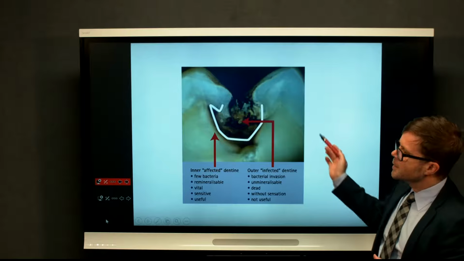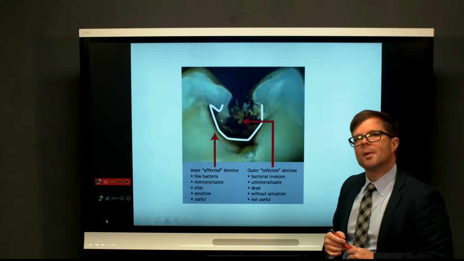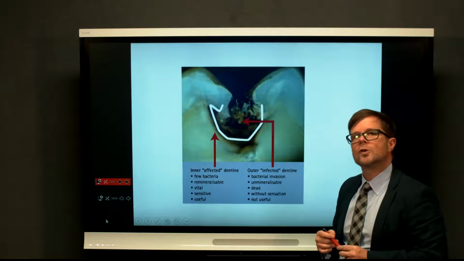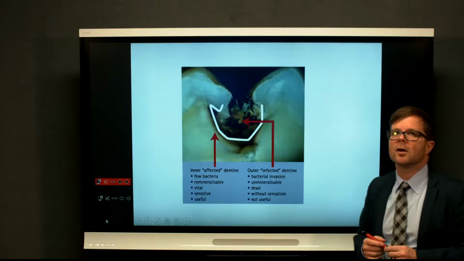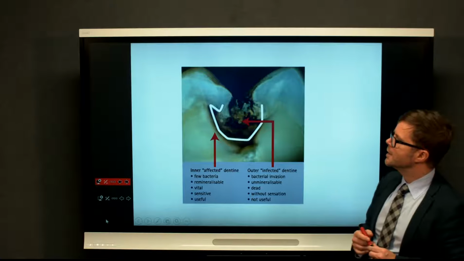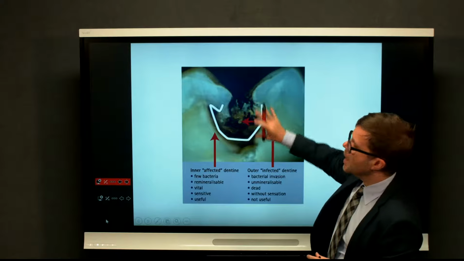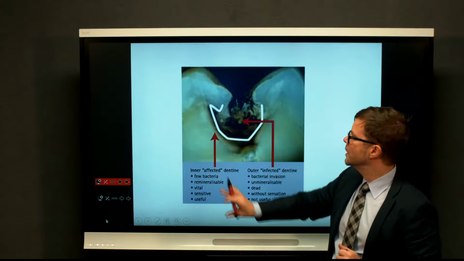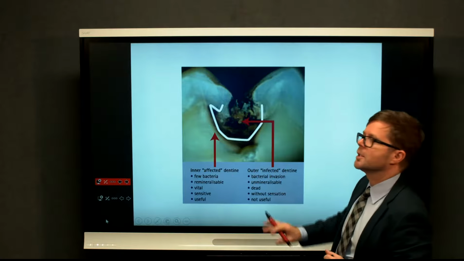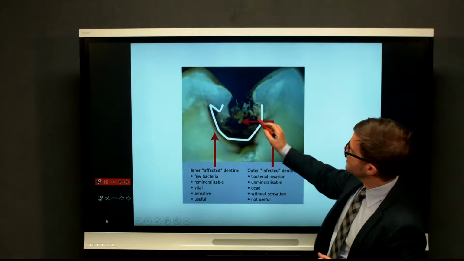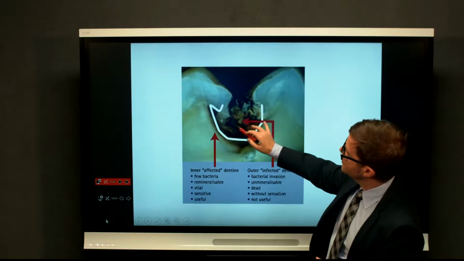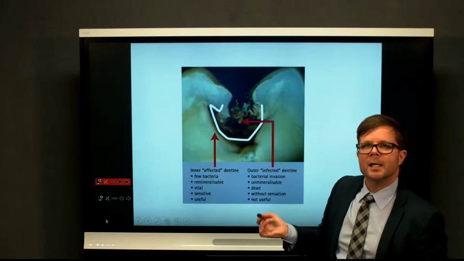So you'll see this picture you'll recognise outlines the two zones that we need to consider when designing cavities. So which part of the tooth structure needs to be removed and which part of the tooth structure needs to be retained. So this more superficial or infected or destroyed layer of dentine needs to be removed.